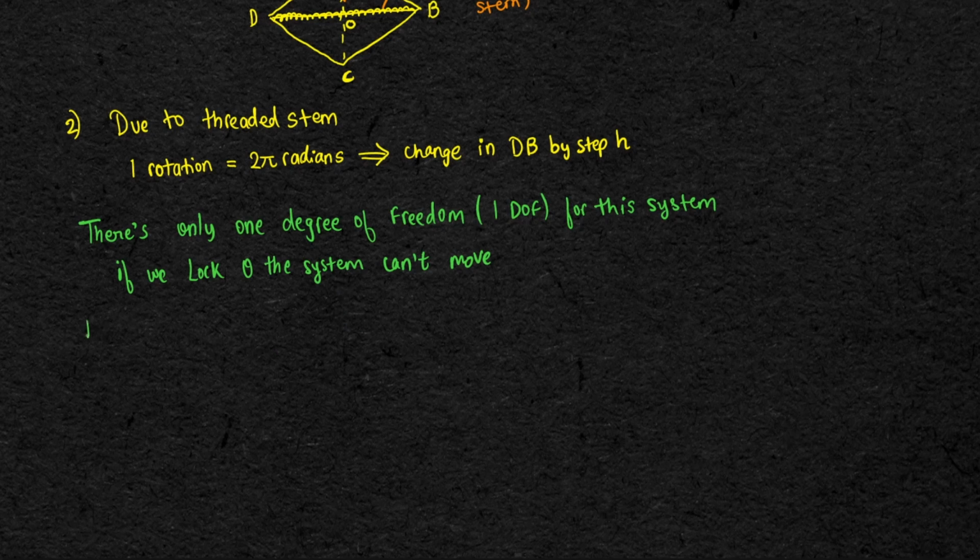Now let's consider the virtual displacement of length DB that is caused due to the virtual displacement of angle alpha, which is associated with the rotation of the threaded stem.